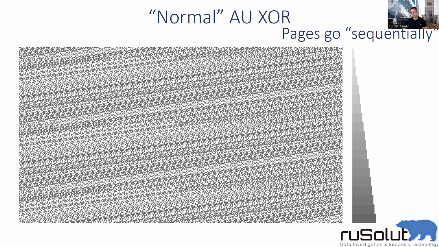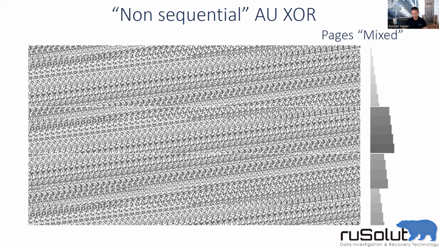I mean, the explanation is simplified, but it's easier to understand if I say that the controller divides the XOR key into groups of pages and then mixes them and then applies them to the data. And it looks like this. So the key was divided into groups, and then those groups were mixed. And this division, the size of groups and the distribution of those groups of pages is individual for different devices.